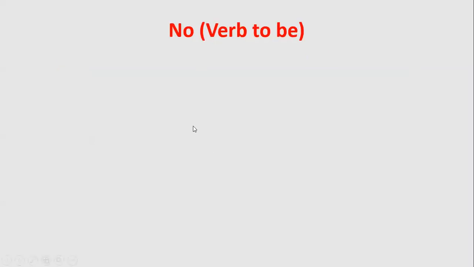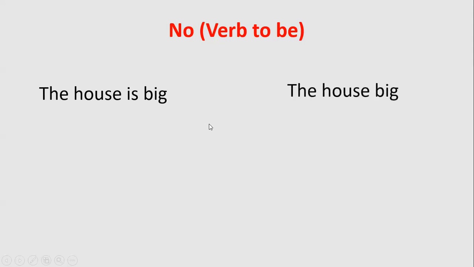The next fact about Arabic is that there is no verb to be in Arabic. For example, when I say in English, the house is big, in Arabic, I just say the house big.